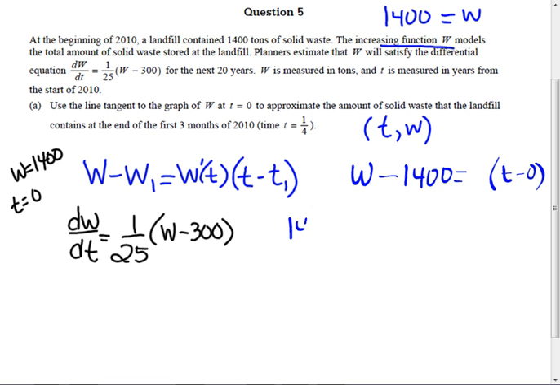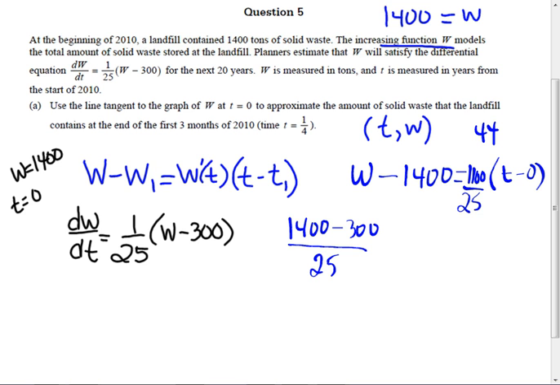It's going to be 1400 minus, there's no calculator allowed. So what is that? It's 1100 over 25. You're right, it's 44, but why would you do that? Because if you do that wrong, you get the points taken back, unfortunately. So I would leave it 1100 over 25. You could even leave it 1400 minus 300 over 25, because 1400 minus 300 is that.